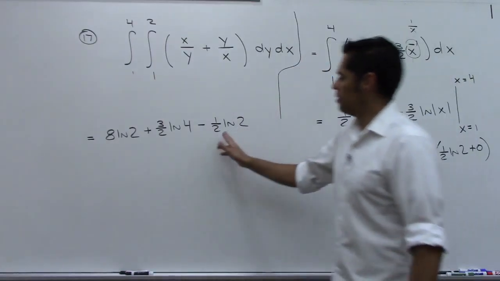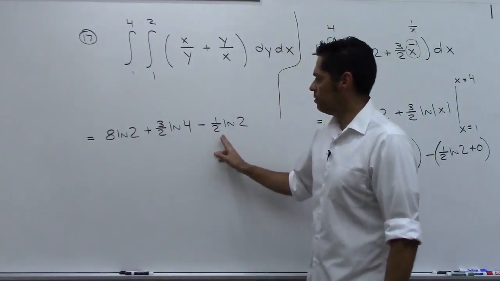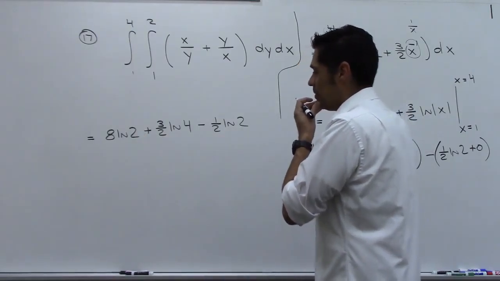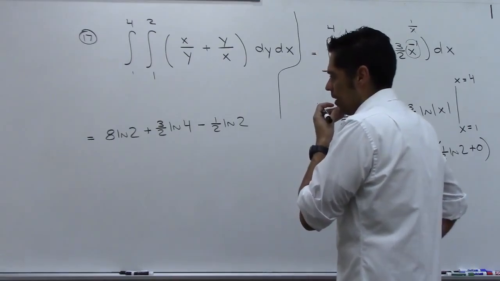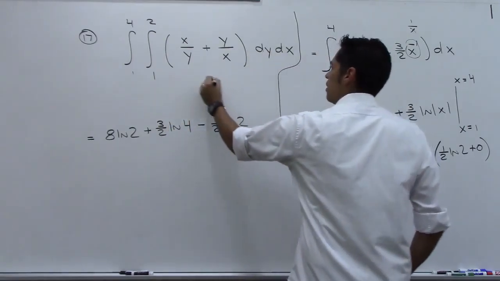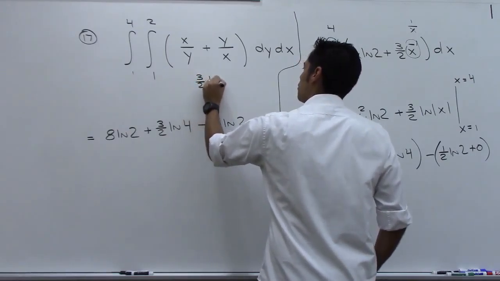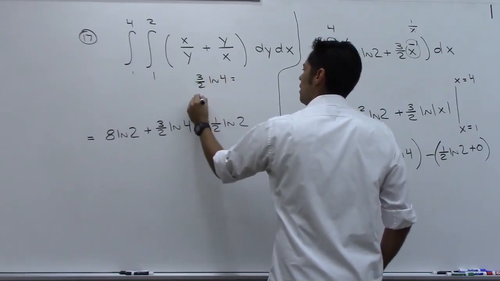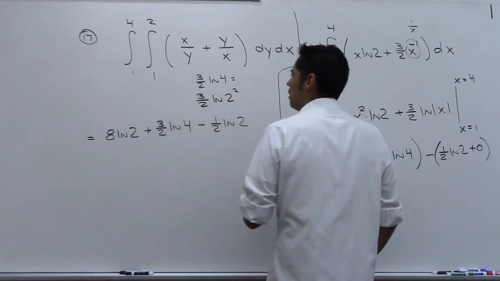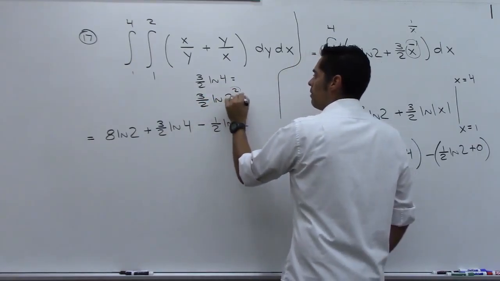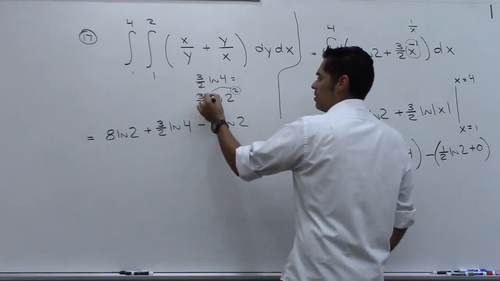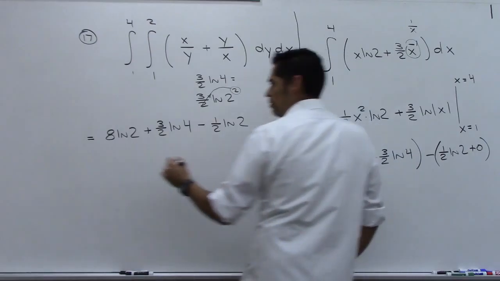Now, I could put these together because they're both natural log 2, so I could combine those. Let me do something here, see if this makes sense to you. This 3/2 natural log of 4 is the same as 3/2 natural log of 2 squared, because 4 is 2 squared. Property of logs, I can drop this out in front, multiplication. It'll cancel with this 2, and I just get 3 natural log 2.